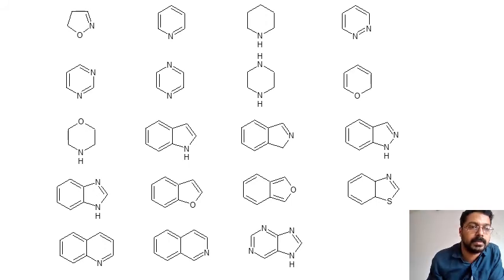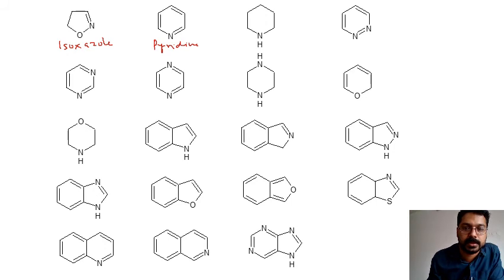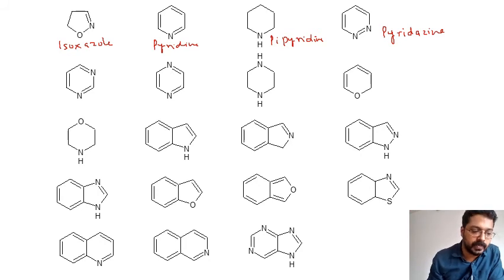It is pyridine, whose saturated analog is piperidine. 1,2-diazine is pyridazine. 1,3 is pyrimidine. And 1,4 is pyrazine.